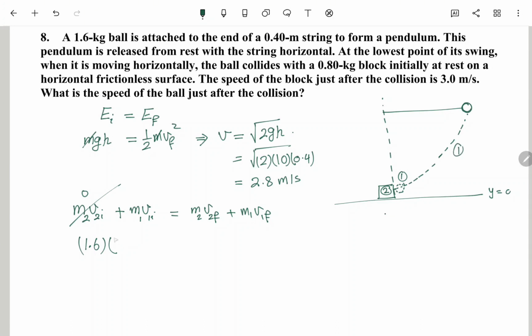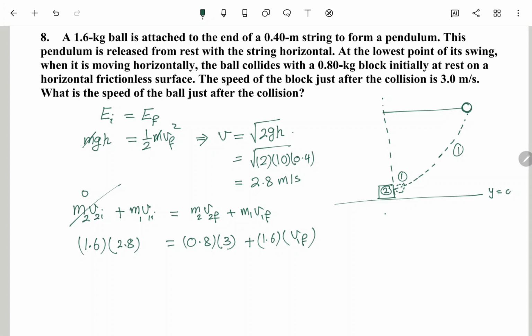So it's equal to 2.8, we just calculated that one here, plus the mass of the block, 0.8 kilogram, times the velocity of the block, which is 3, plus M1, 1.6, times V1 final, that's what we are looking for, the speed of the ball after the collision.